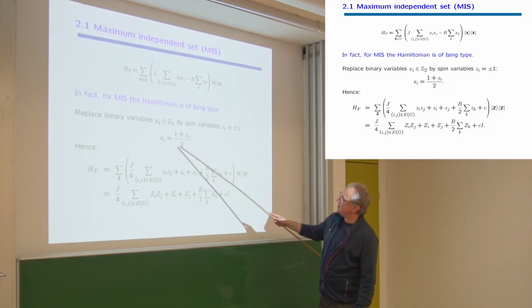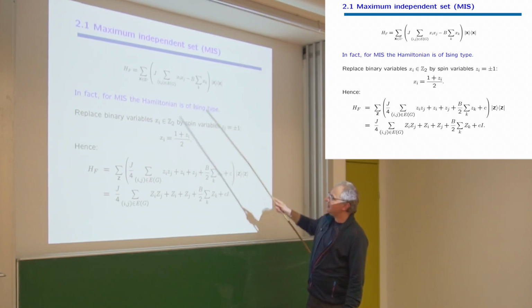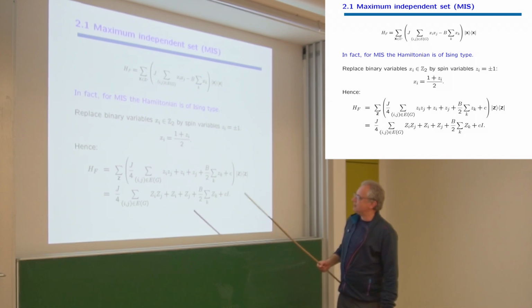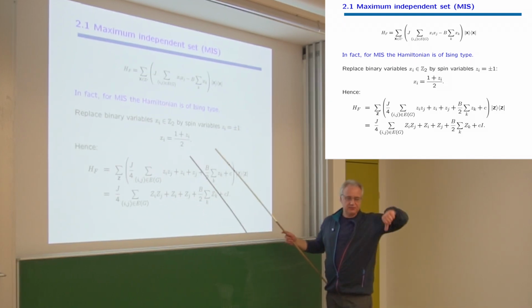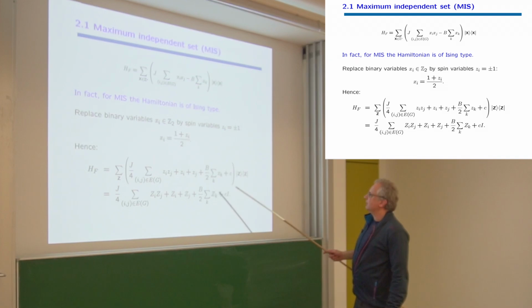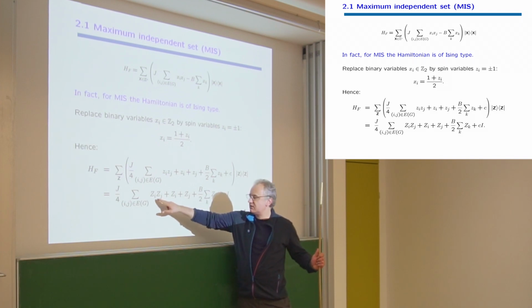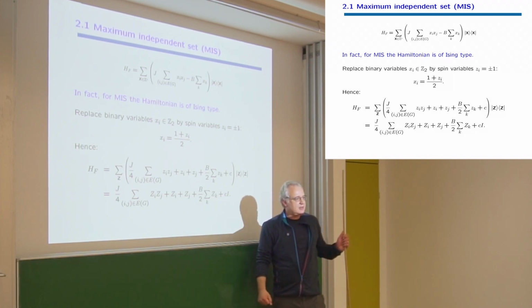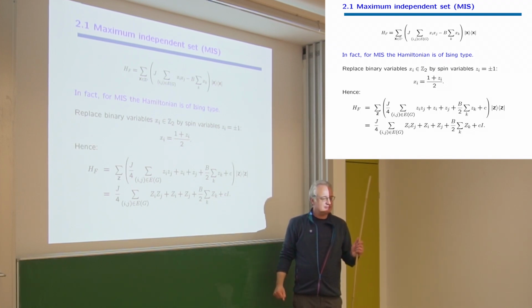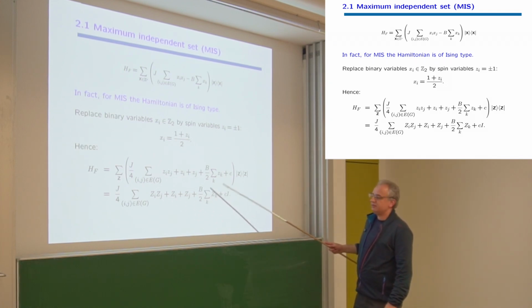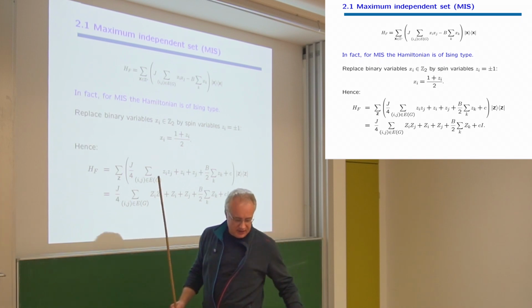If we plug this expression for x_i in here, the degree of the polynomial is not changed, but now we have it in spin up and spin down. You can write it in a simpler fashion. These are just Pauli matrices, and you recognize the Ising interaction right here: z_i z_j, or for you physicists, sigma_z^i sigma_z^j. We leave the sigmas out. Ising interaction plus magnetic field. It doesn't get any simpler than this.